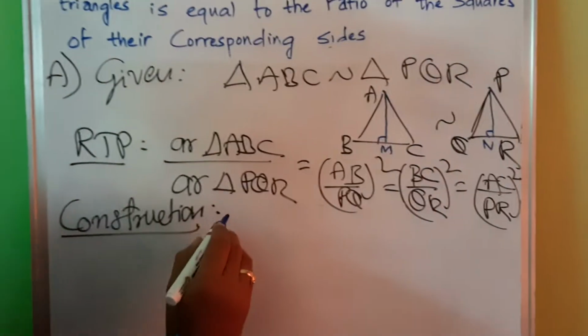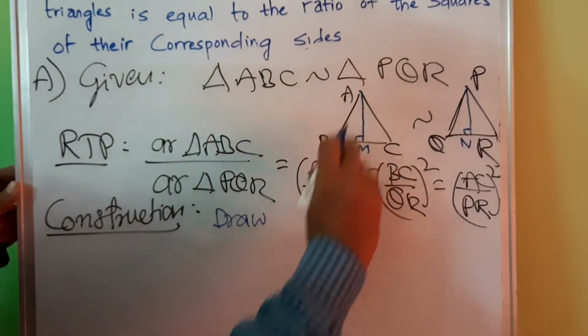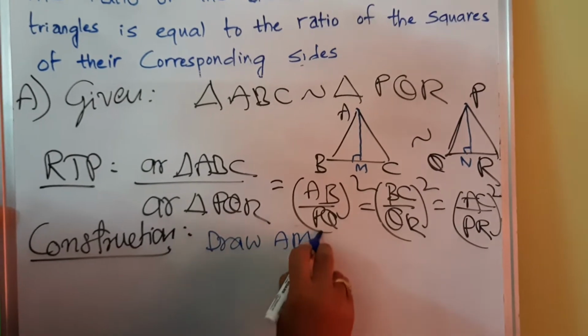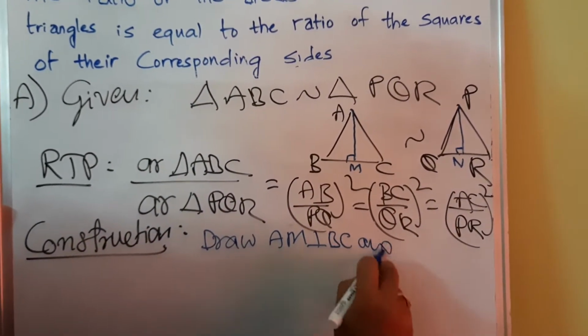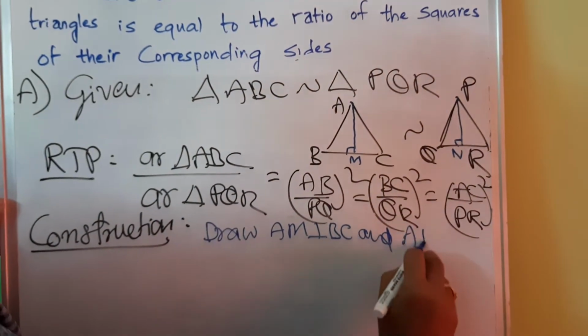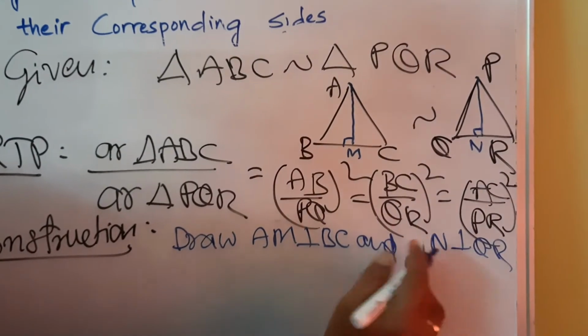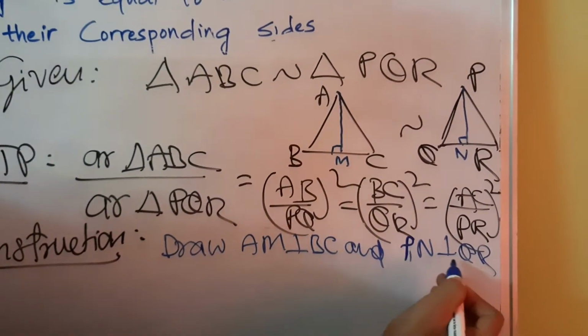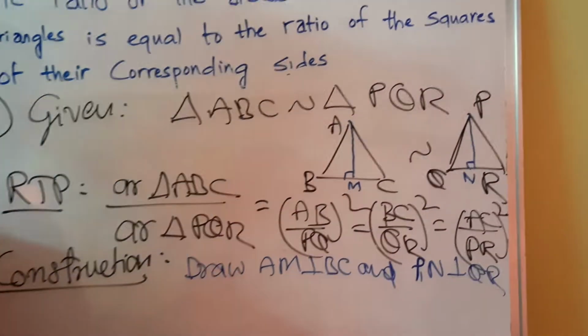That is the construction. Right, here draw AM perpendicular to BC and PN perpendicular to QR.